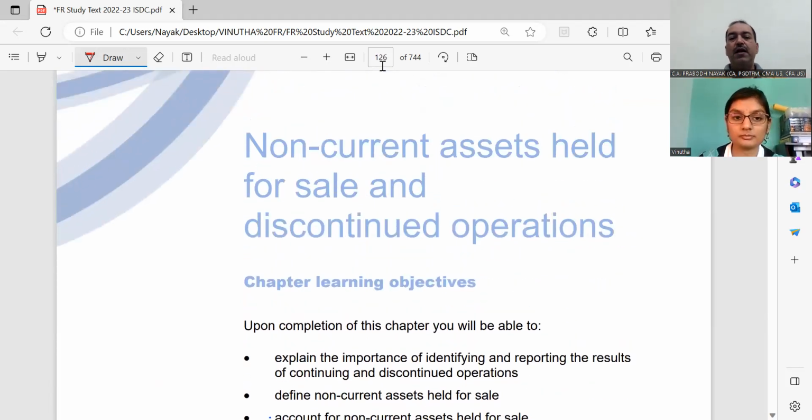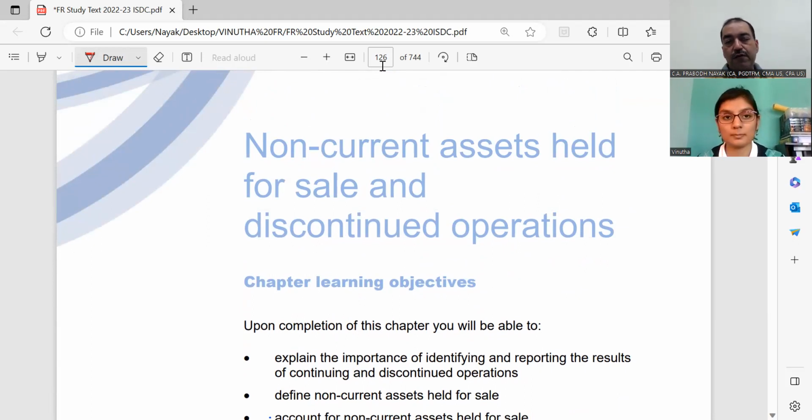It is non-current assets held for sale and discontinued operations. Non-current assets, we have seen 2 items now: non-current assets held under IAS 16 and non-current assets held under IAS 40. Now you are going to see non-current assets held under IFRS 5.